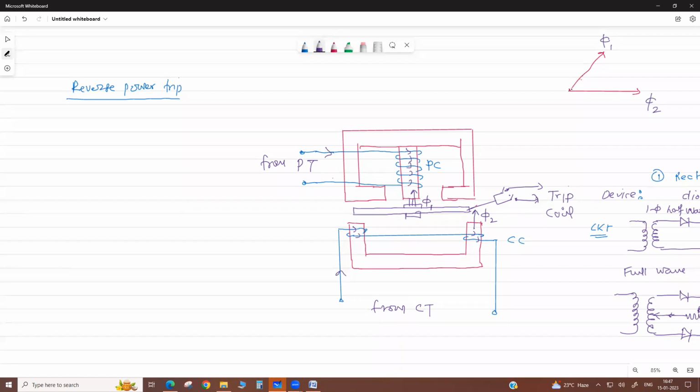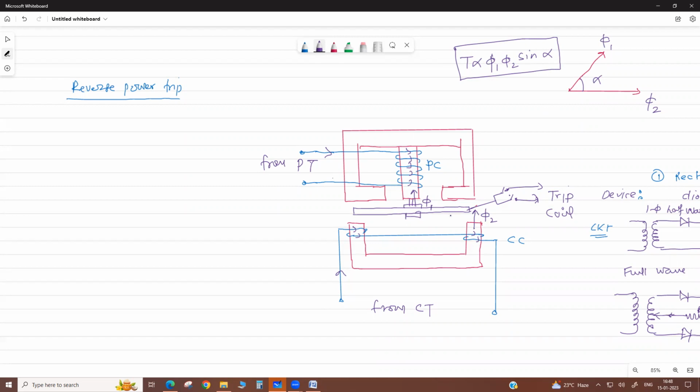If the angle between them is alpha, then they develop a torque proportional to phi 1, phi 2 sine alpha, always. This is the torque equation. Always, if there are two magnetic fields, due to their interaction a torque is produced.